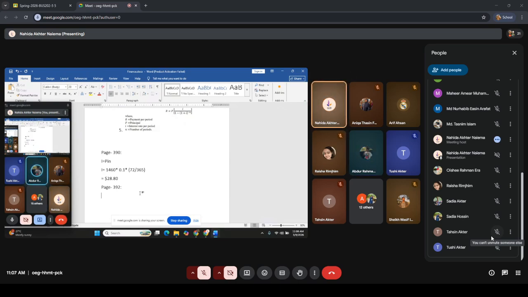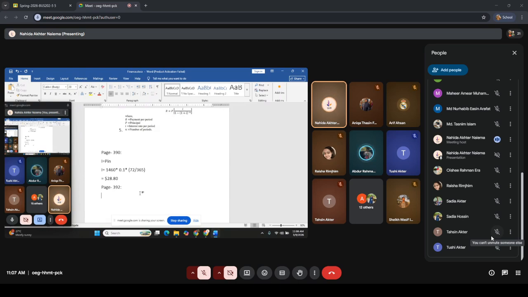Yes, ma'am. Then why do you think it's compound interest? Compound math say when it is a compound interest, it will be mentioned that it is compounded annually or compounded quarterly.